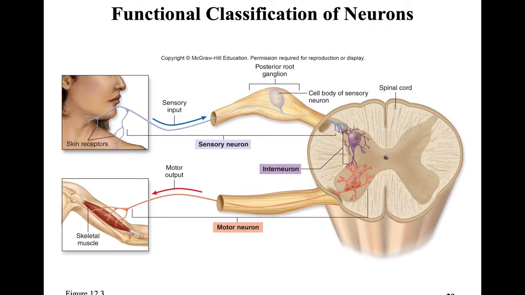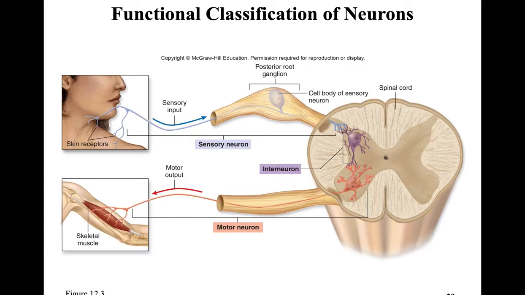If it's not in the spinal cord, which is part of the central nervous system, then where is this dorsal or posterior root ganglion? Remember earlier I mentioned that if it's coming off the brain, it's peripheral nervous system. If it's coming off the spinal cord, it's again peripheral nervous system. So the dorsal root ganglion or the posterior root ganglion that you see in the picture, that's part of the peripheral nervous system.